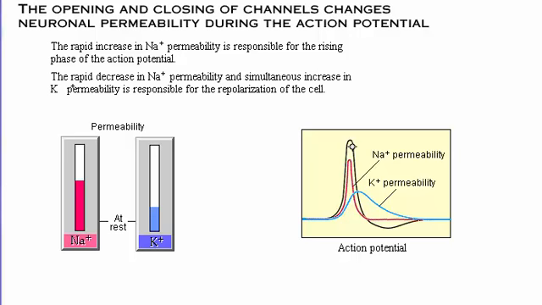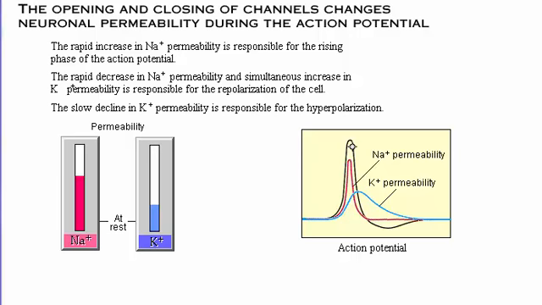The rapid decrease in sodium permeability and the simultaneous increase in potassium permeability is responsible for the repolarization of the cell. The slow decline in potassium permeability is responsible for the hyperpolarization. To repeat the last animation, click the graph.